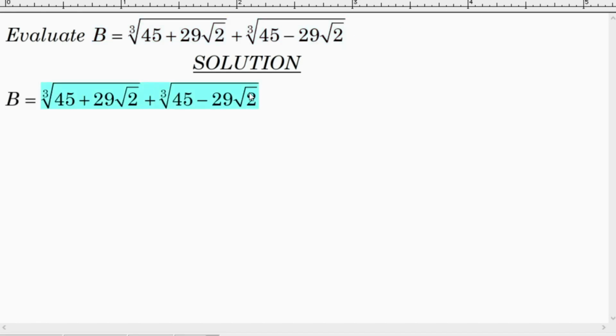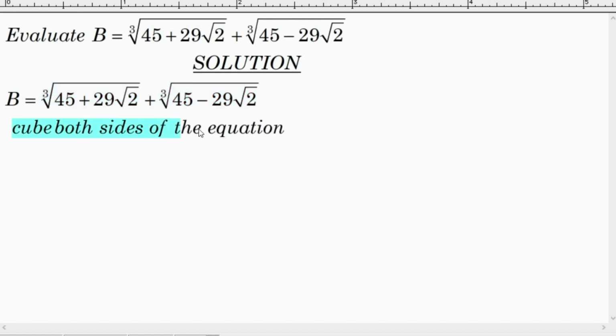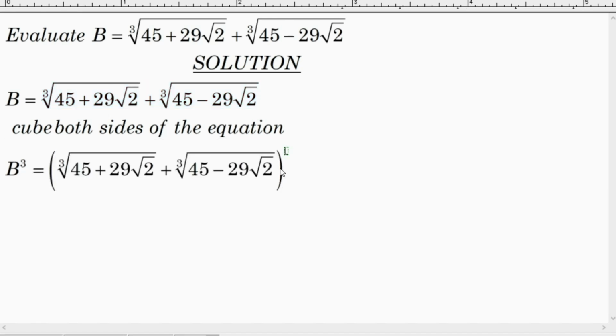Okay, so the first thing we need to do is cube both sides of the equation. Then we will get B cubed equal to this quantity also raised to the cube. As we can see, we have this term plus this term all raised to the cube, which is in the form of (a plus b) cubed.